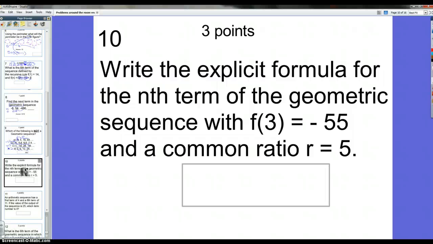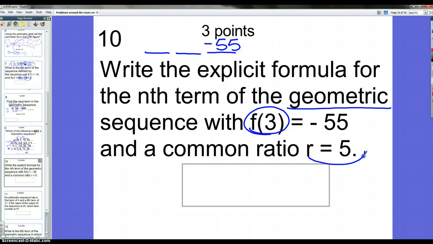Write the explicit form of the nth term of the geometric sequence with f of 3 is negative 55 and the common ratio is 5. So we know 1, 2, 3. The third term is negative 55. It's multiplying by 5 if we're going this way.